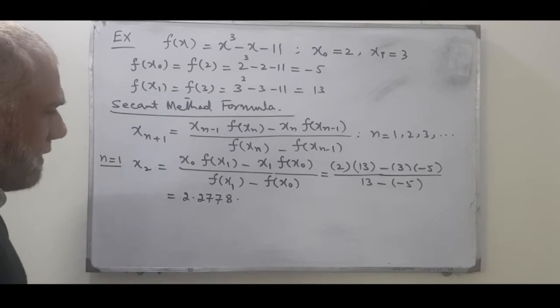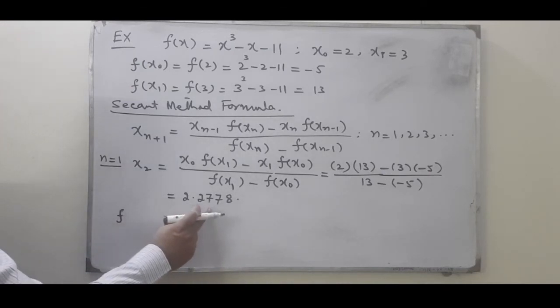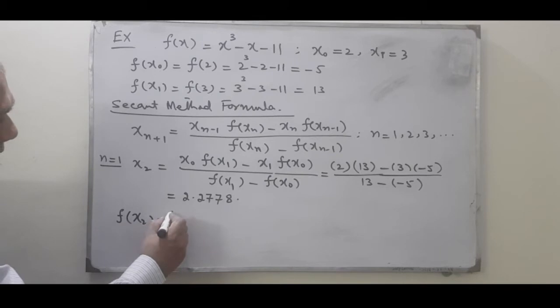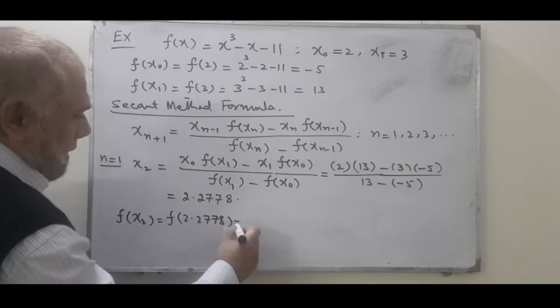After doing this, the next step is to find the function's value at the new approximated root, which is x2. So this gives you f(2.2778).